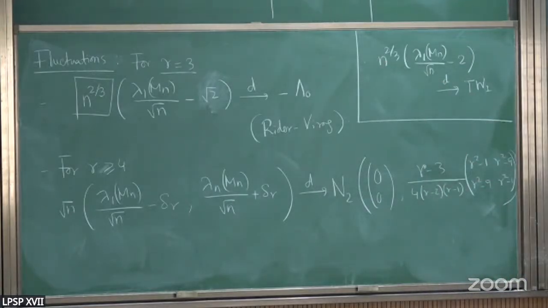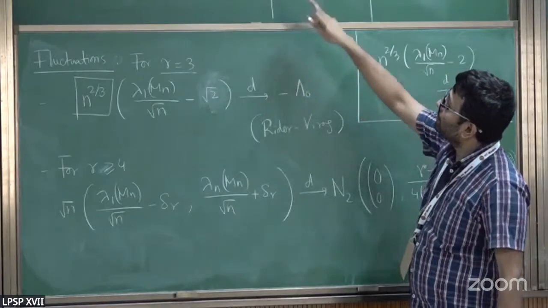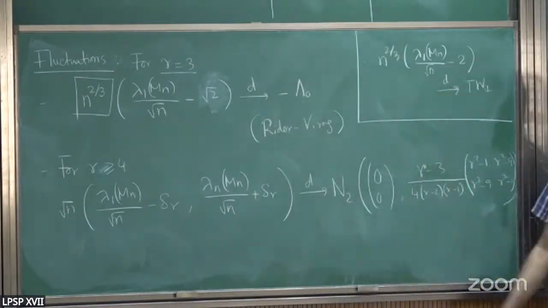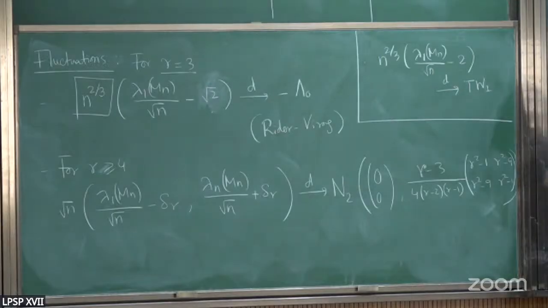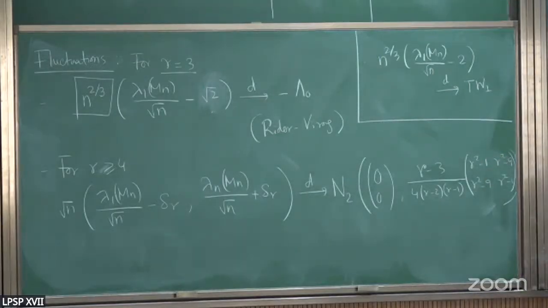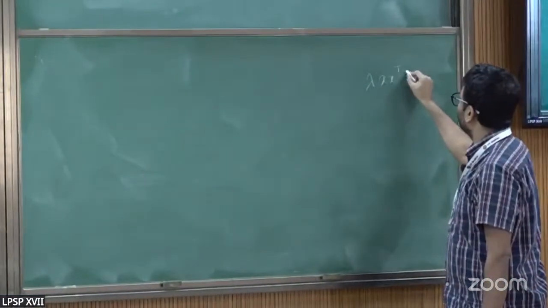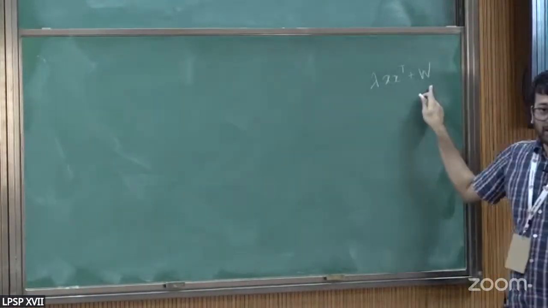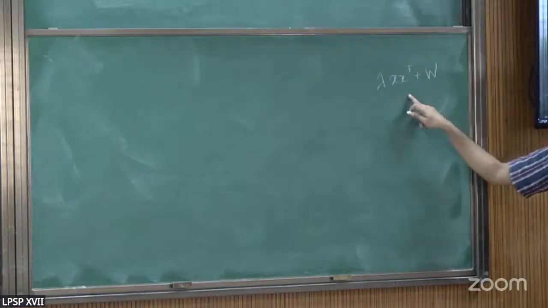In fact, something interesting happens. You can look at the largest eigenvector of that matrix and ask if that contains any information about the contraction direction W. Just like in the rank 1 spiked Wigner model, you had a spike direction contaminated by noise, and you were asking whether you can recover this interesting direction.